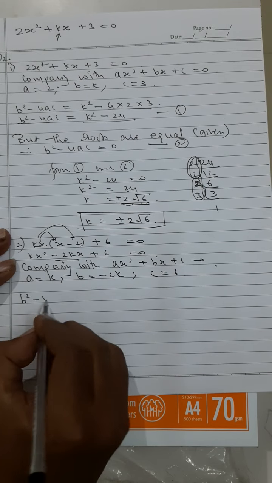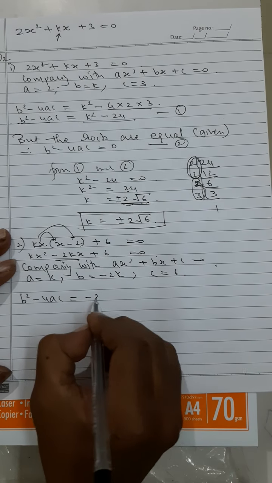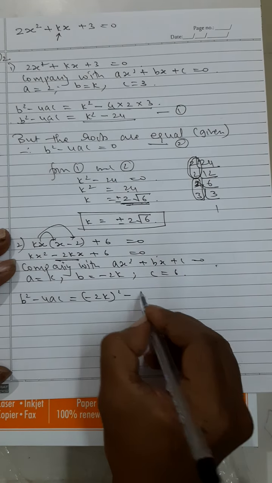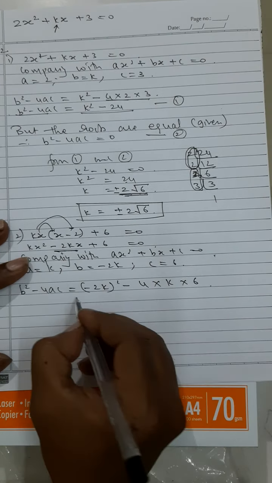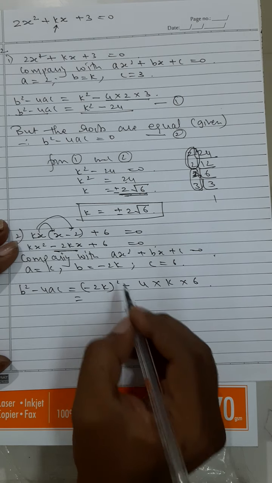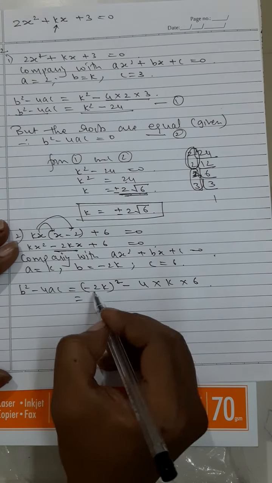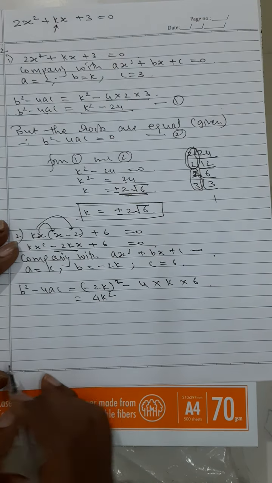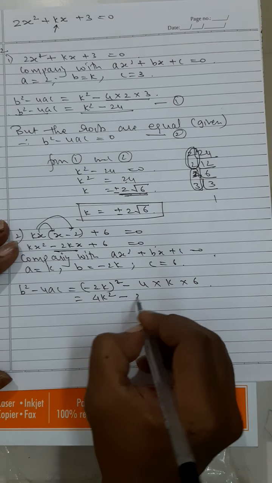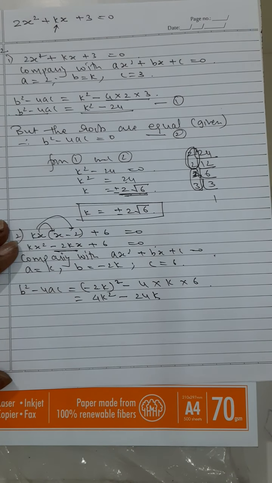So you will get b square minus 4ac is equal to minus 2k the whole square minus 4 of the formula ac, with c equal to 6. This will give you 4k square minus 24k.